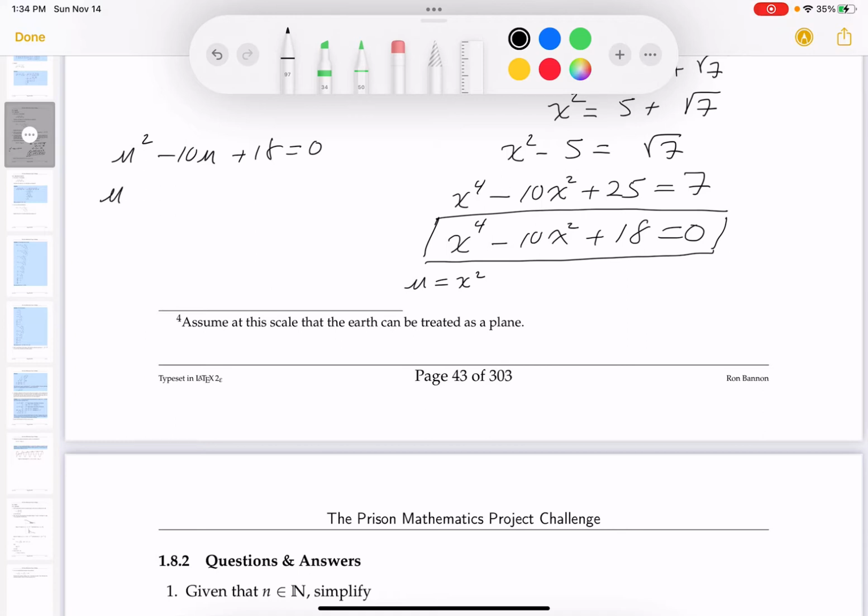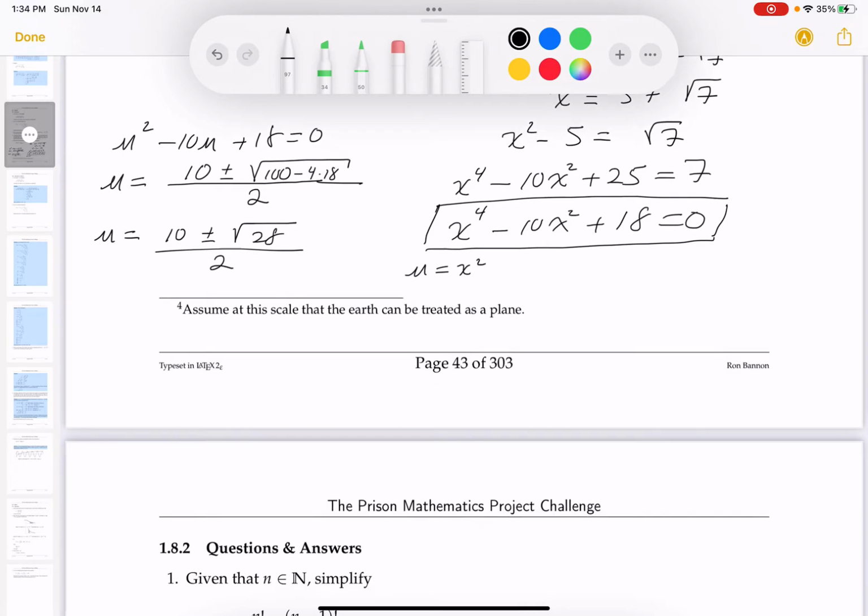So u is going to be equal to, let's see, the opposite of b, which is 10, plus or minus the square root of b squared, which is 100, minus 4 times a, which is 1, times 18, over 2. I'll clean this up in a second. u is equal to 10 plus or minus, well, 4 times 18 is 40 and 32, 72, so 28.